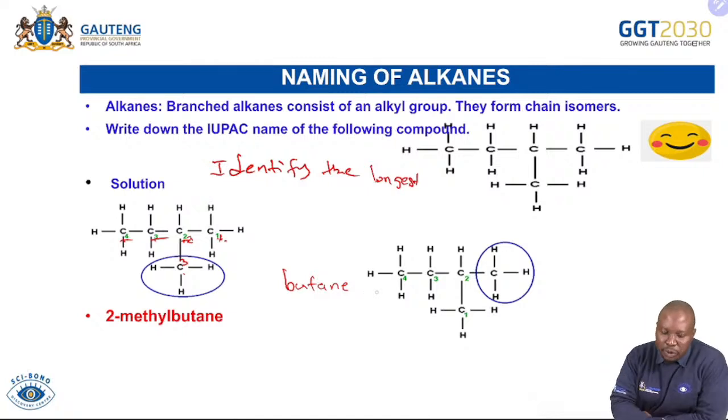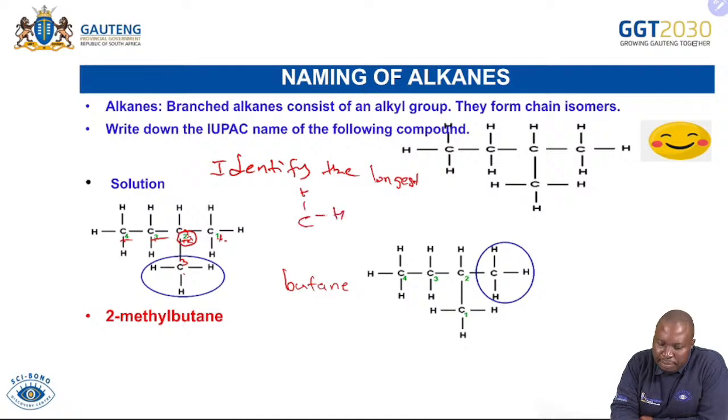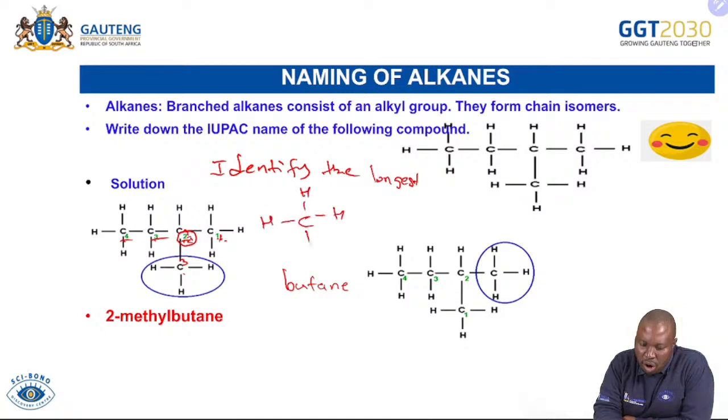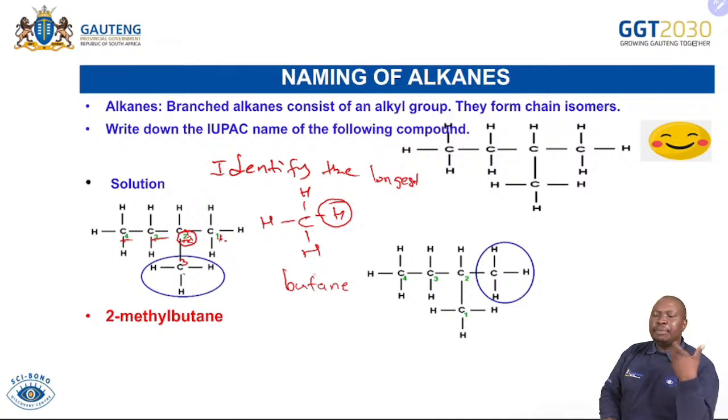But you must be able to tell us that in carbon number 2, we have a methyl. Remember, we said CH4 is methane. But immediately when you remove one hydrogen from methane, it becomes methyl as a branch, as a side chain.